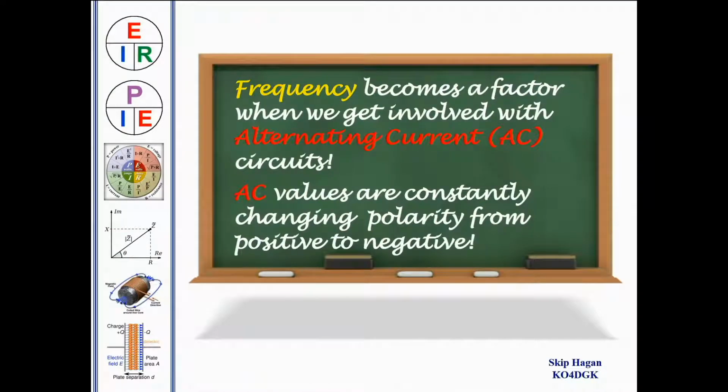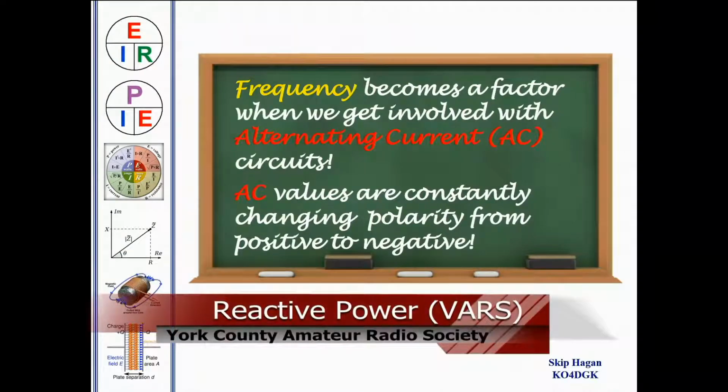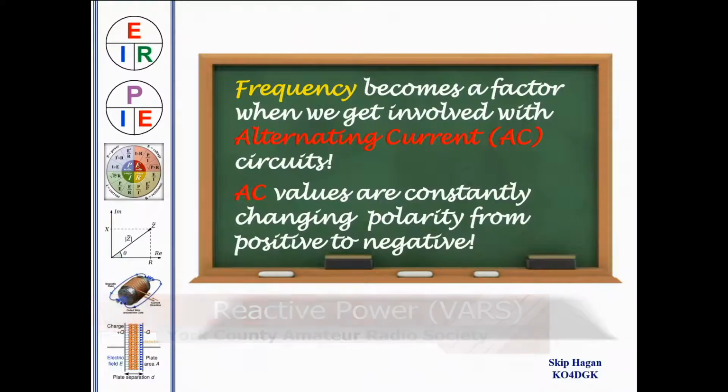So frequency becomes a factor when we start talking about alternating current. When we talk about waves, as in radio waves, we have a critical factor not previously addressed. Ohm's law doesn't deal with frequency. It doesn't exist in DC circuits.